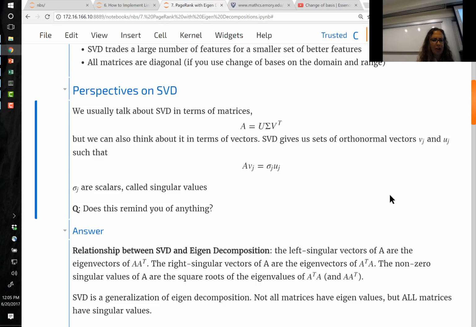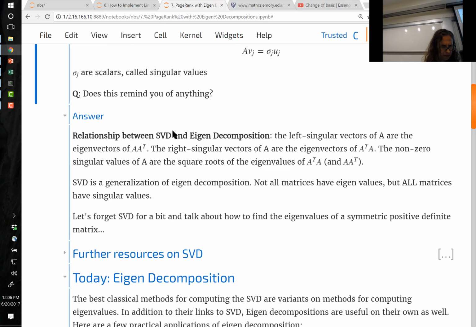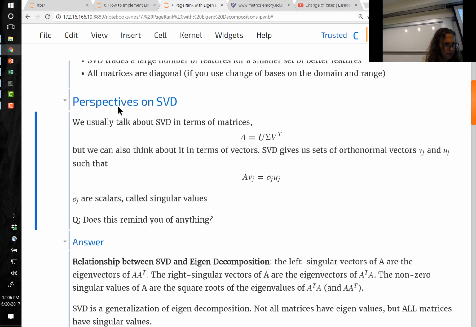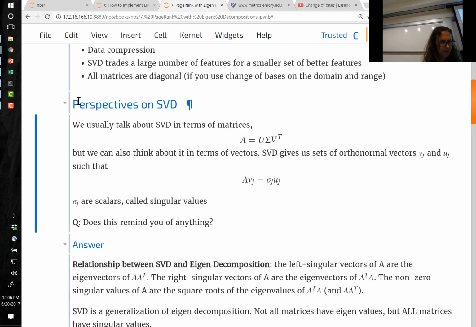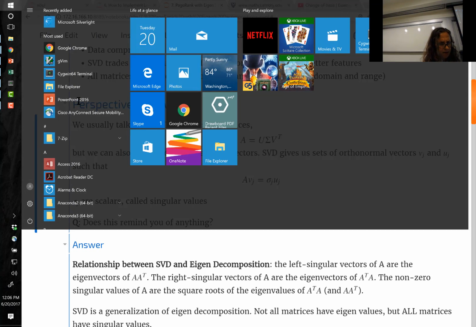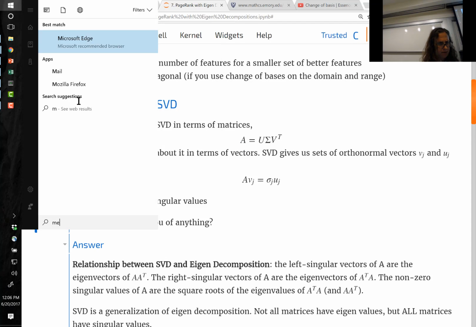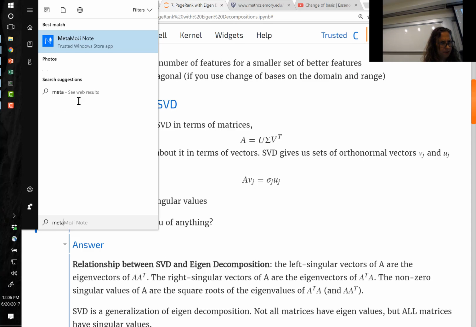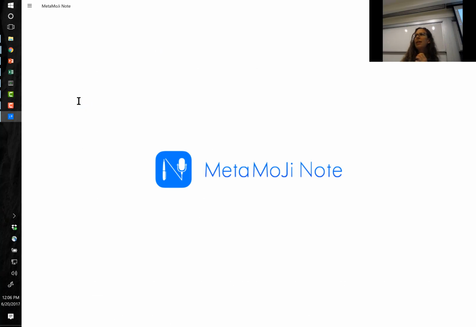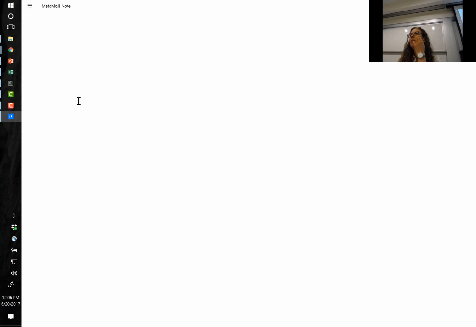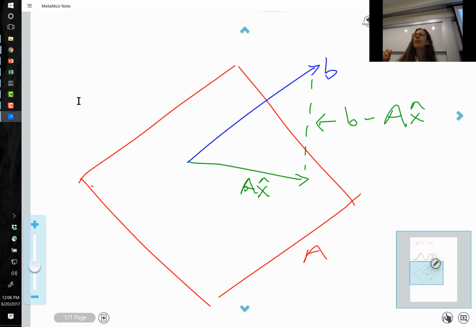And just to remind you, if it's been a while since you've seen eigen decomposition, let me define it here. Does anyone remember what the definition of an eigenvector and eigenvalue is?